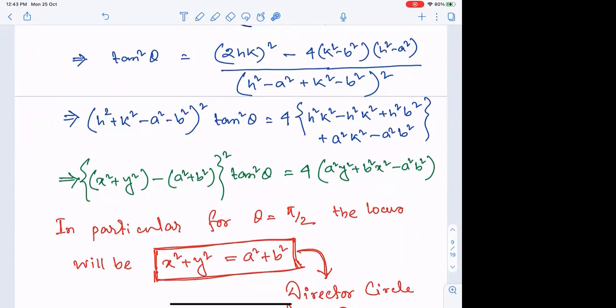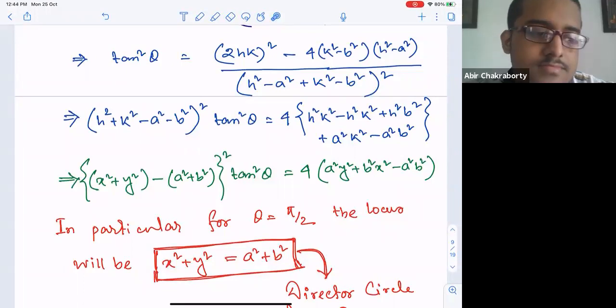Like in a circle, we have the locus of the point of intersection of perpendicular tangents as the director circle, and we identified that it is a concentric circle with root 2 times more radius. Can you all recall? For the parabola, we haven't got any circle, but the point of intersection of perpendicular tangents appears along the directrix, so the directrix was the locus.